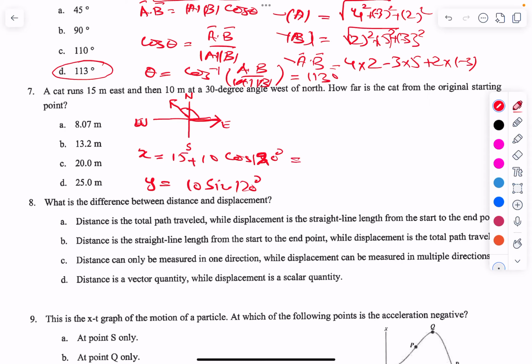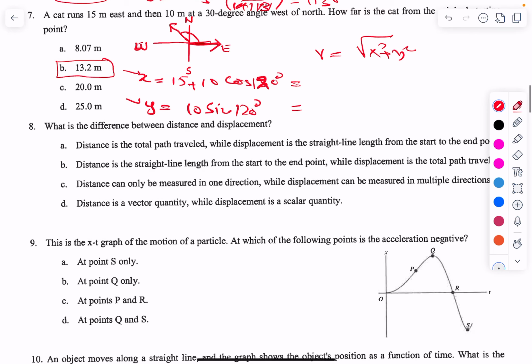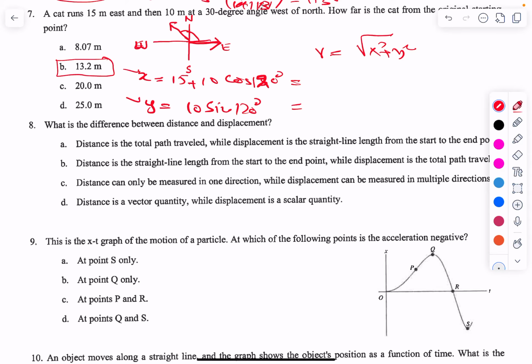So when we substitute the values, the distance r is nothing but square root of x squared plus y squared, so we get 13.2. What is the difference between distance and displacement? Distance is the total path traveled, while displacement is the straight line or shortest distance, so A is the correct option.